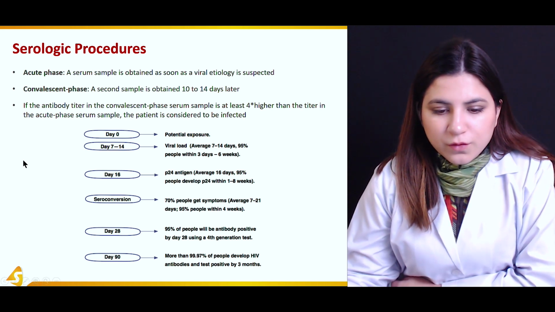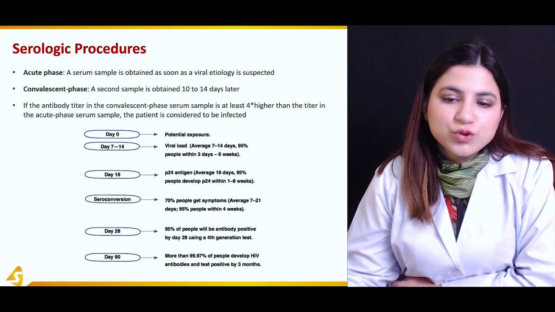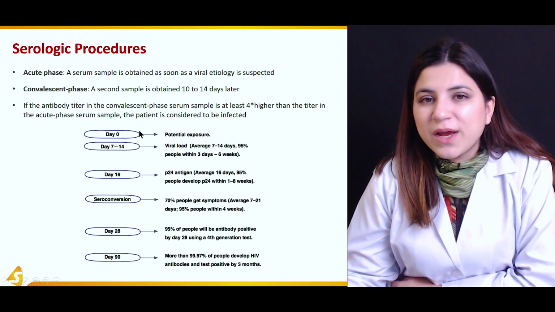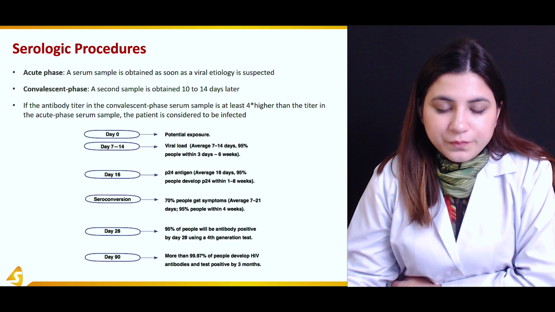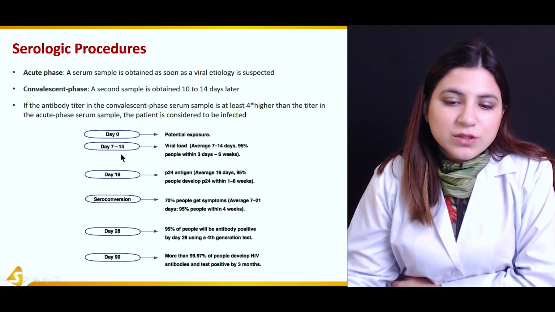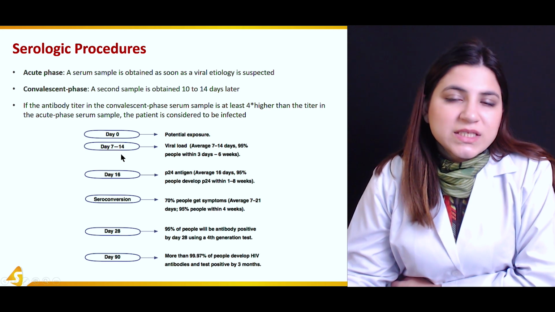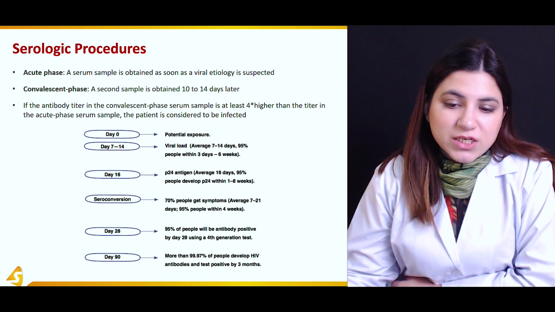So if you look here, you can see that day 0 is the potential exposure, when we suspect that there might be a presence of virus inside the cell. Then the virus usually takes 7 to 14 days to increase its viral load for us to be able to detect it.